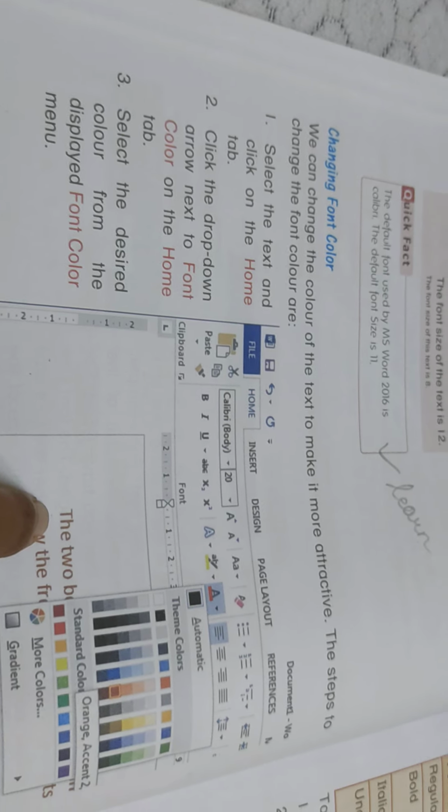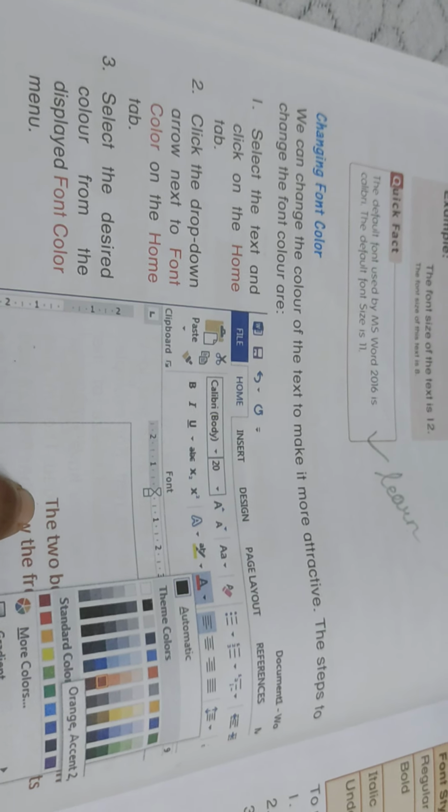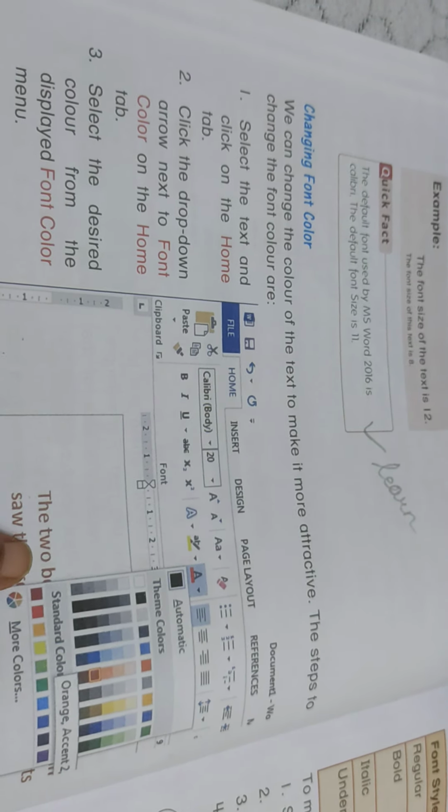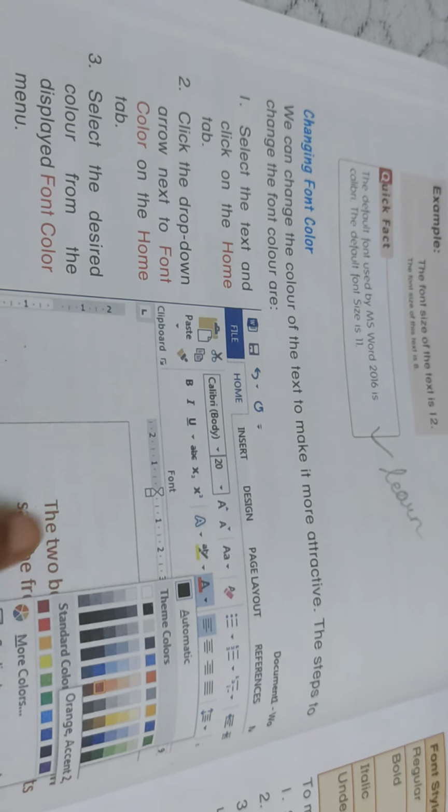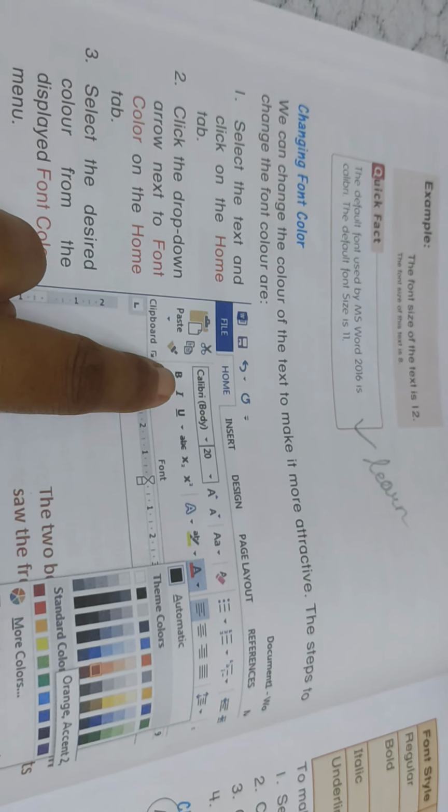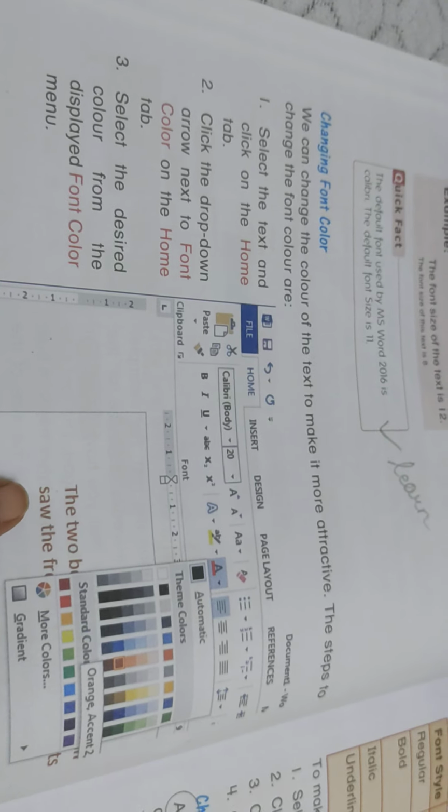Now after selecting, you will click on this. It will convert into bold text. If you want it italic, first select the word and click on I. Then here, select it and click on underline and it will be done for you. So this is very simple. Please try it at your home.